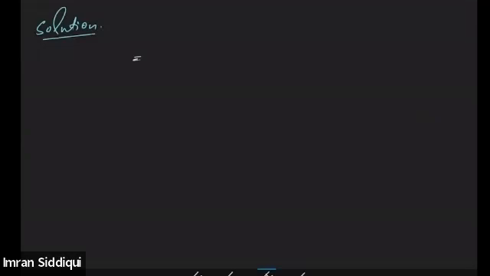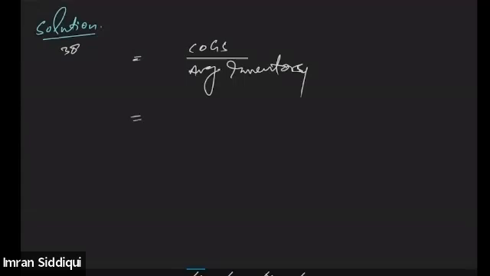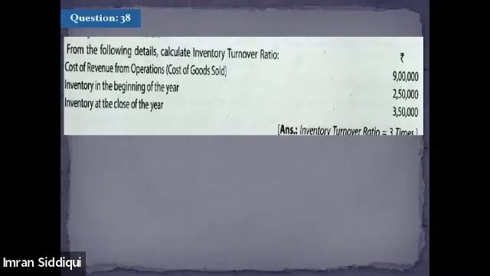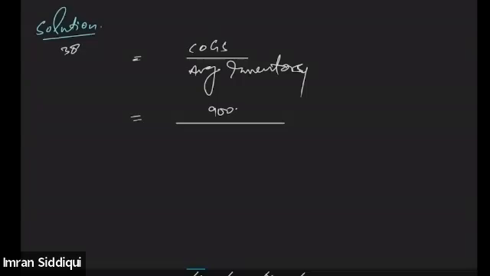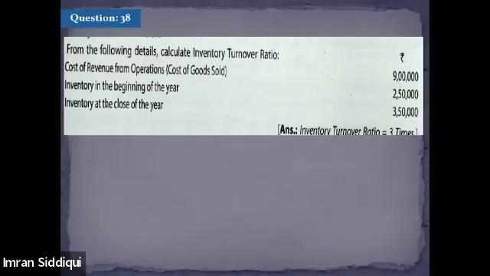So, the solution for this question number 38. Inventory turnover ratio is cost of goods sold divided by average inventory. Cost of goods sold is given, 9 lakh. And average inventory, though it is not directly given, but the opening inventory and the closing inventory are given.